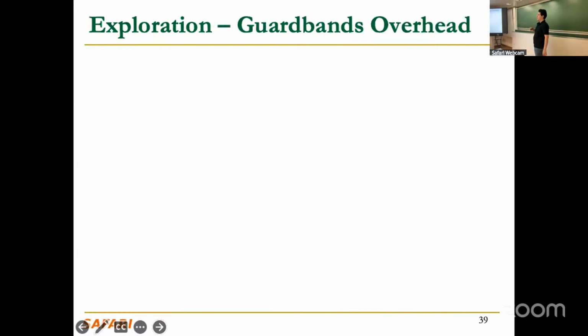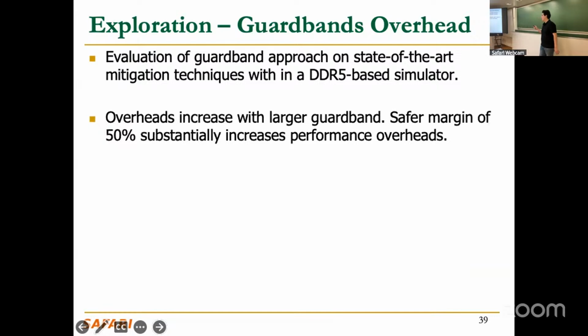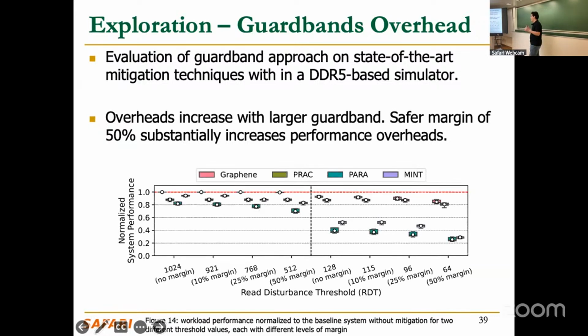So as a result of these conclusions, authors want to also assess the guard band approach and want us to see how much overhead they may introduce on the current strategies. And to do that, they evaluated the guard band approach on state-of-the-art mitigation strategies against read disturbance errors within a DDR5-based simulator. And they saw that overheads increased with the larger guard band.